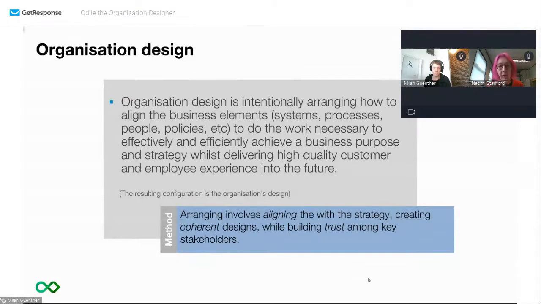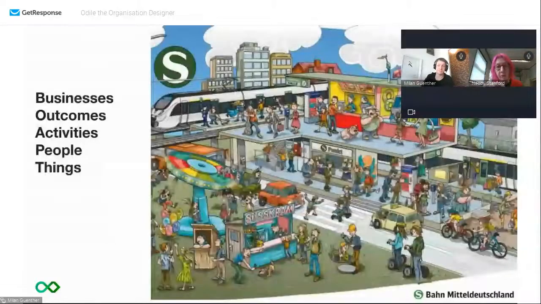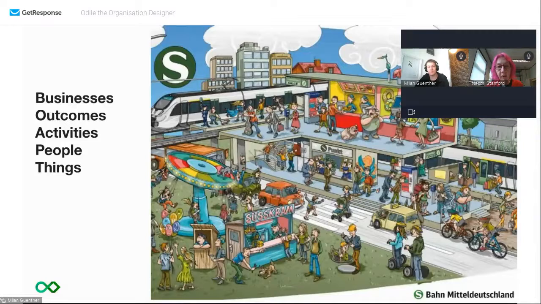So if we move on to the next slide, you can start to see that there are a number of things which are interdependent. And when you're designing, you're thinking about what are the businesses we're in. And in terms of intersection railways, you've got a number of different businesses within a railway organization. What are the outcomes we're expecting?